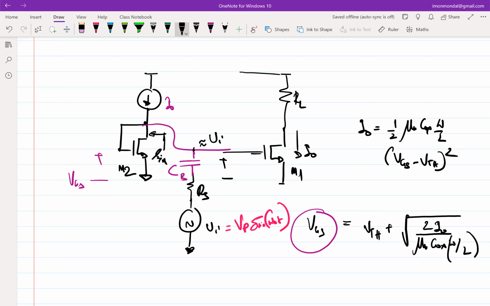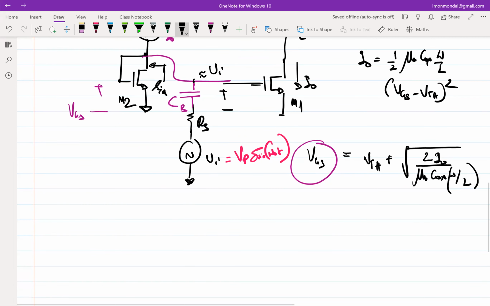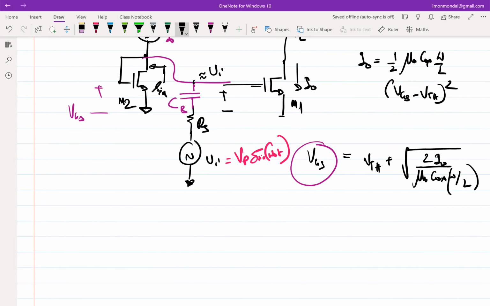So how do I find out? I basically put the incremental model of this diode connected transistor. Now I'm sure you're pretty adept at doing these, so I'm not drawing the incremental model, I'm assuming I'm doing incremental analysis.